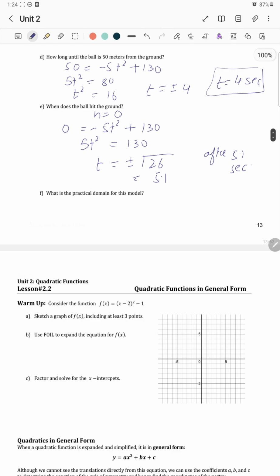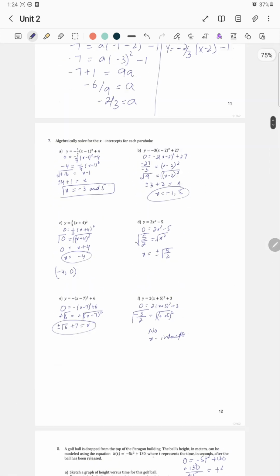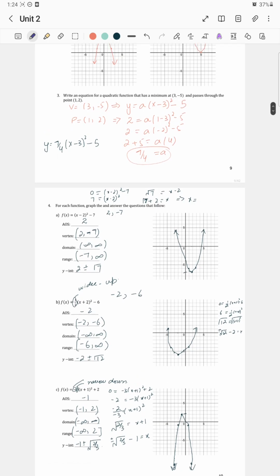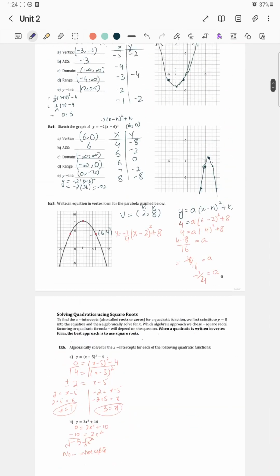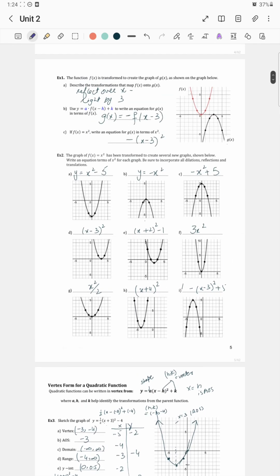When a ball is going to hit the ground, the height is going to be 0. What is the practical domain for this model? From 0 to square root 26. So we are done with unit 1, and we have learned how the quadratic functions behave and how we can solve the vertex form of a quadratic function.